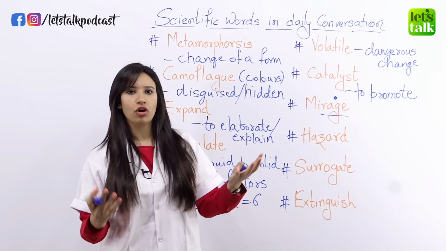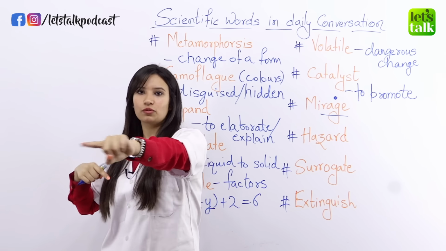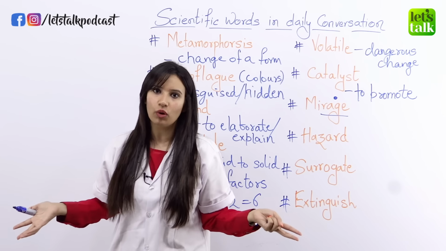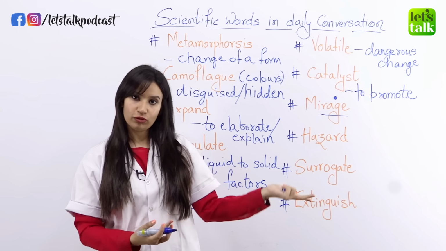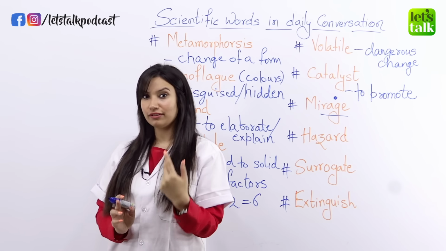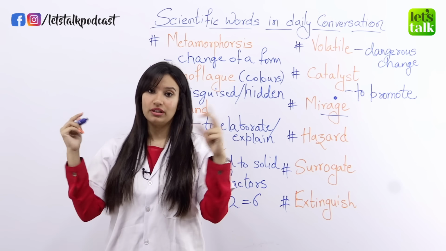It always happens in hot areas. Sometimes when you're driving on the road and from far off you think that there's water on the road, but actually there's no water when you reach there. That's what mirage is. But we can also use this in English. You can use this to talk about your hopes, which you thought would never come true.